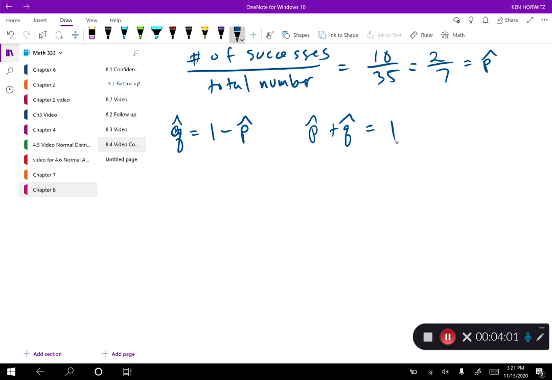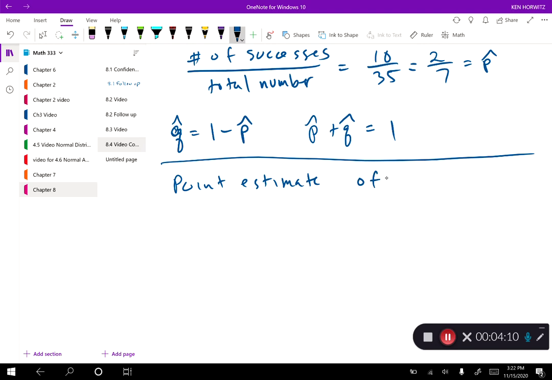So for our point estimate, our initial estimate of our population proportion, we use the sample proportion, or p hat.